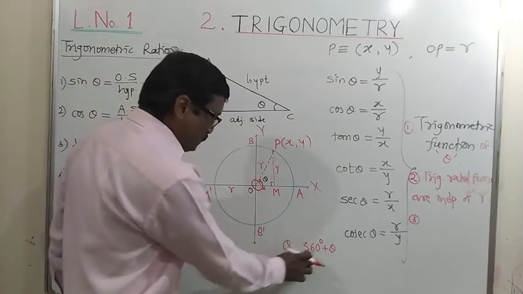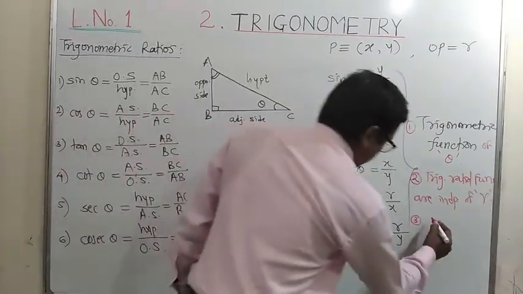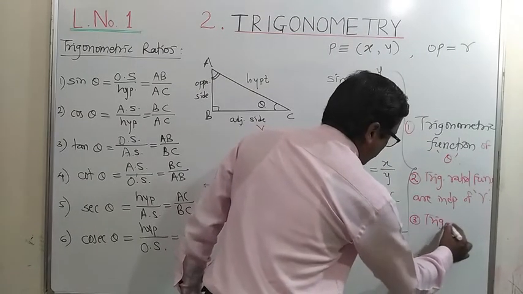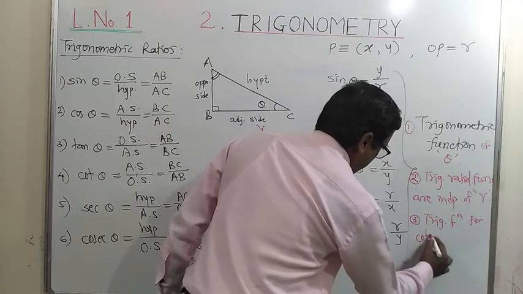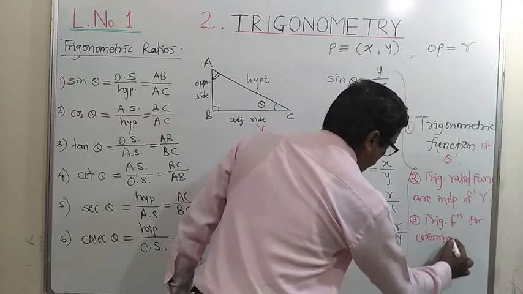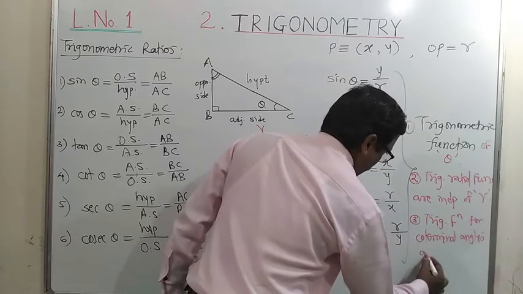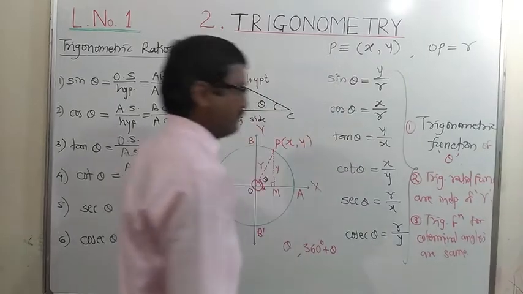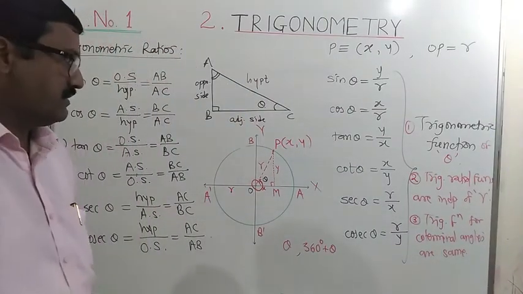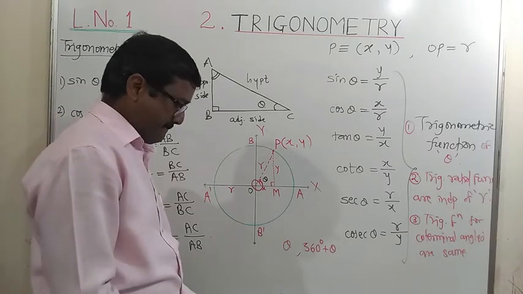And for these two coterminal angles, the trigonometric functions are the same. Therefore, we can write that any trigonometric function for coterminal angles is the same. Okay.